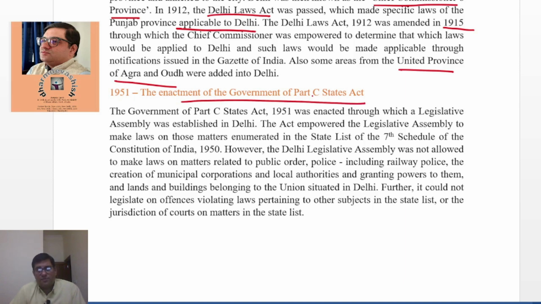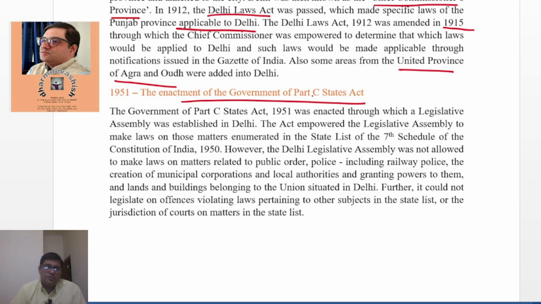Please try to recall from the previous video that when in the year 1950 the Constitution of India was operationalized, the first schedule of the Constitution of India was giving information about the different areas of India, and they were categorized as Part A, Part B, Part C, and Part D states.